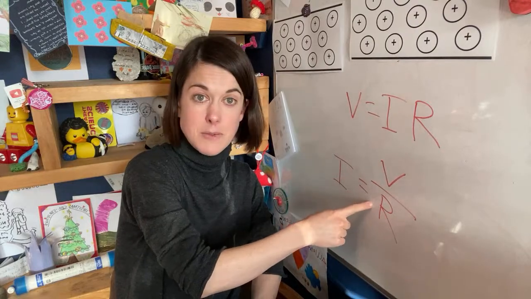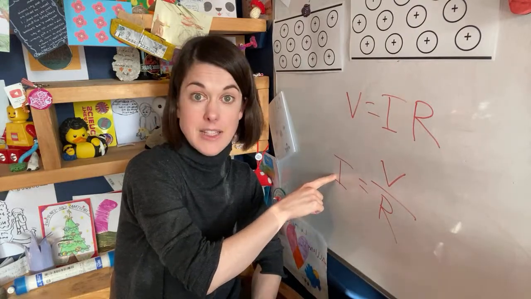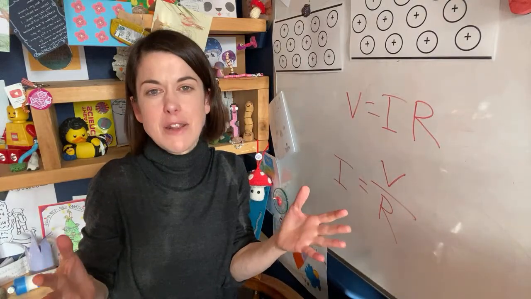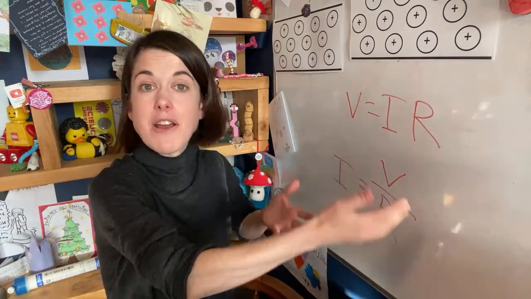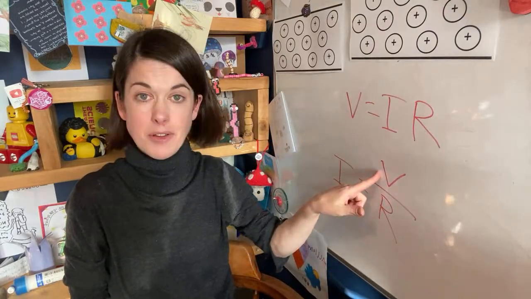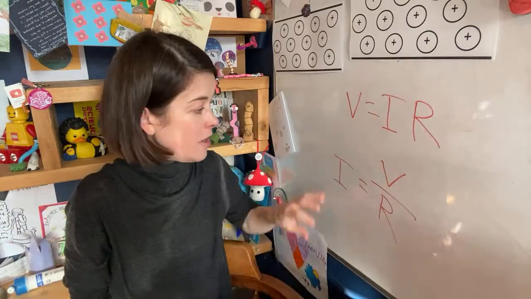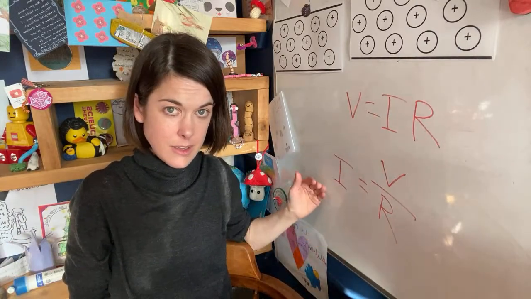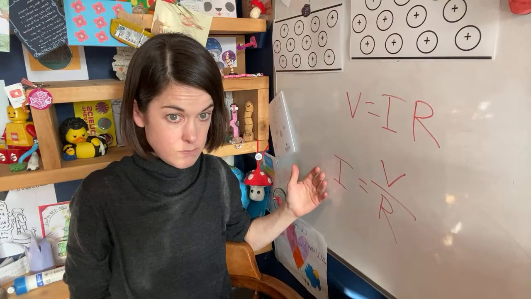If this number on the bottom is really big, this number gets small. So if resistance is really big, current is really small. And this is a directly proportional relationship. So if voltage doubles, if you give it twice as much push, then the current doubles. And if resistance doubles, then the current halves.